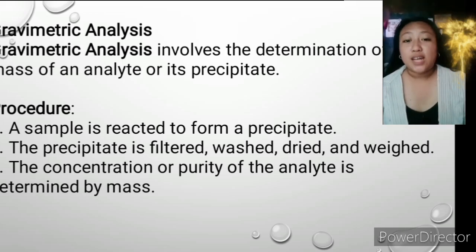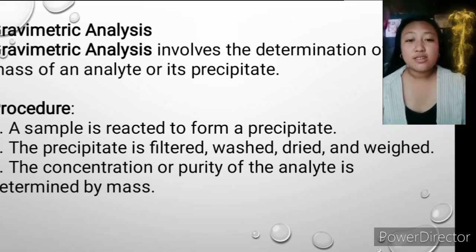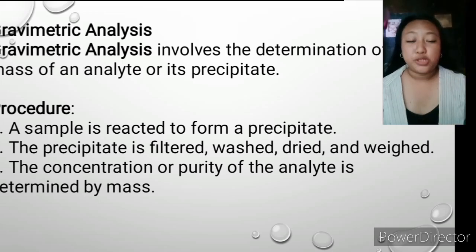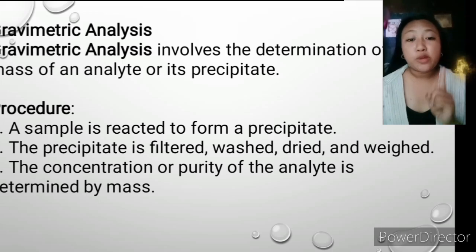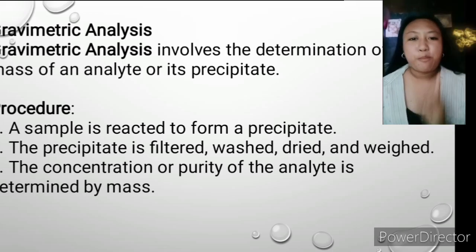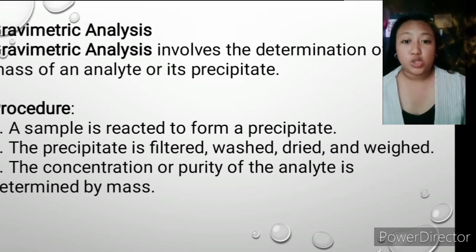In this graph, the precipitate or the excess of a sample solution is filtered using a filter paper. And from this filter paper comes the precipitate or the excess of the solution.